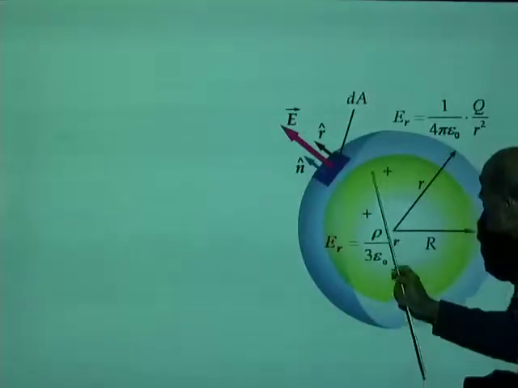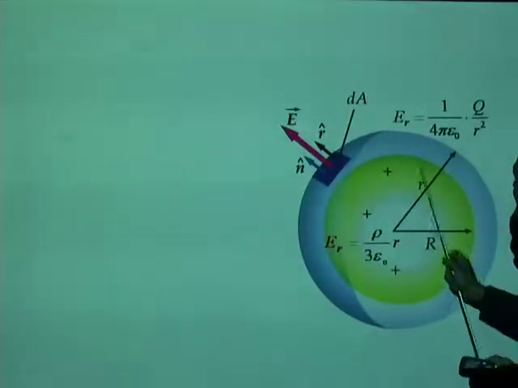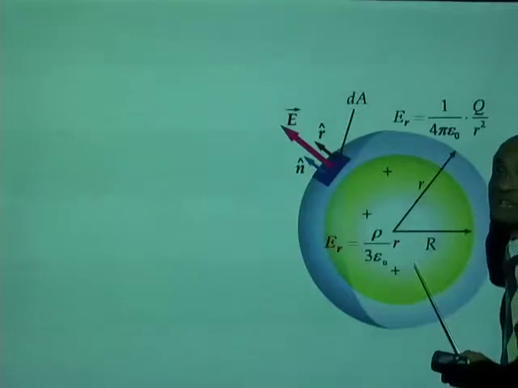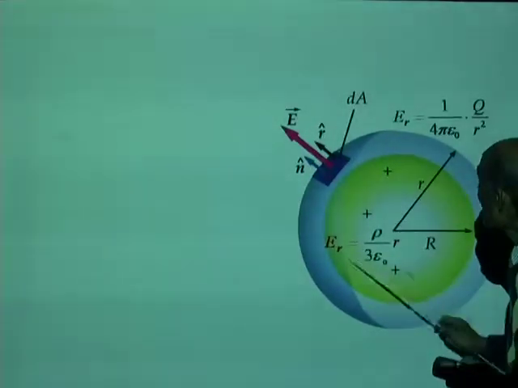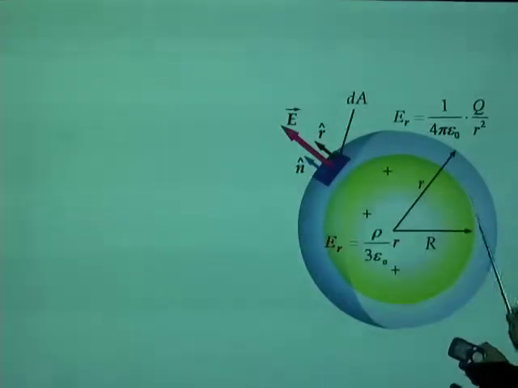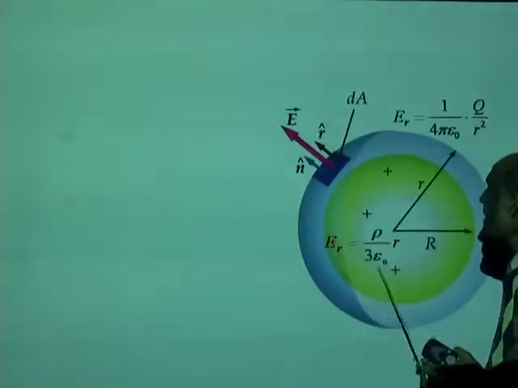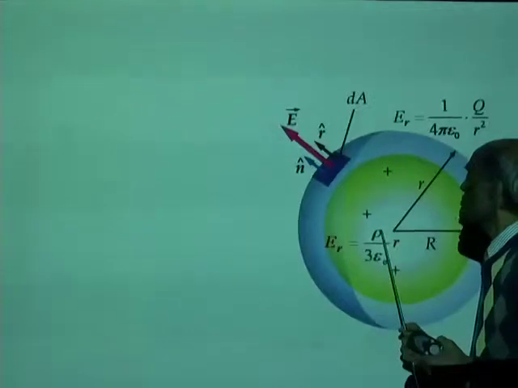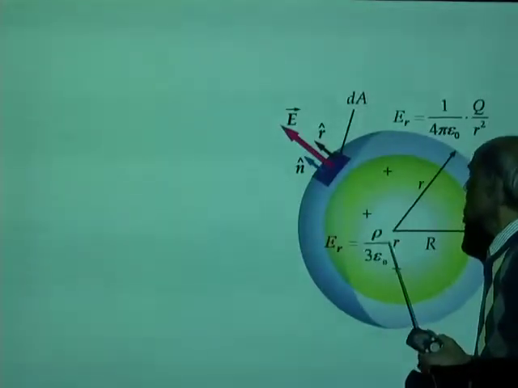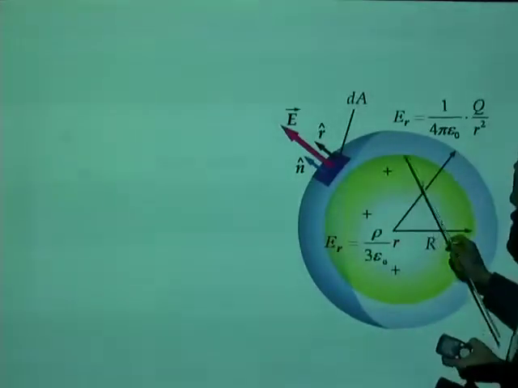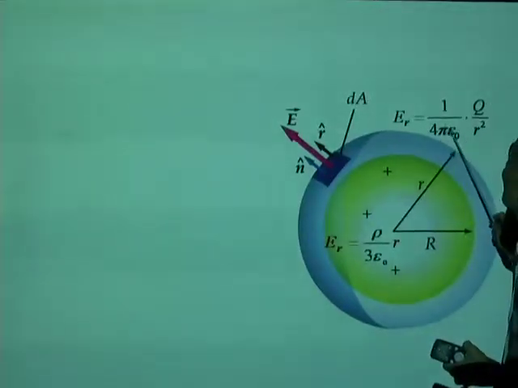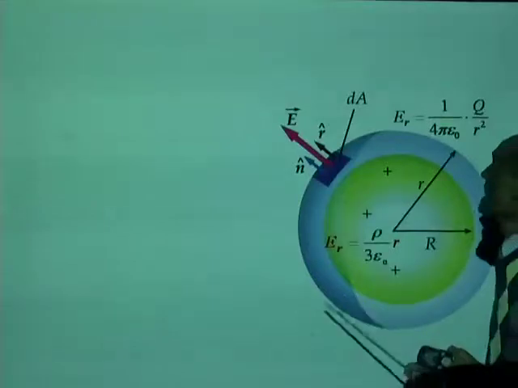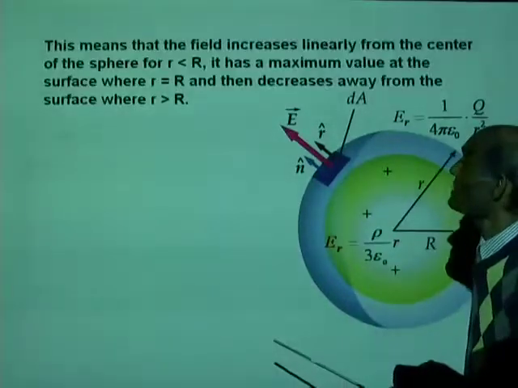The electric field at any point inside the spherical charged object, where the yellow is the spherical charged object, is rho over 3 epsilon naught times r, and at any point outside it is 1 over 4 pi epsilon naught times Q over r squared.